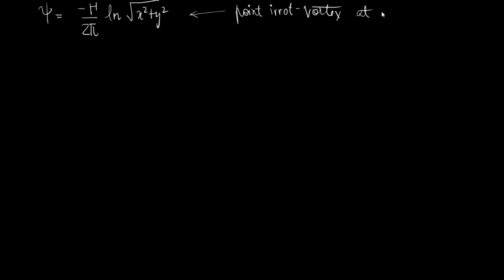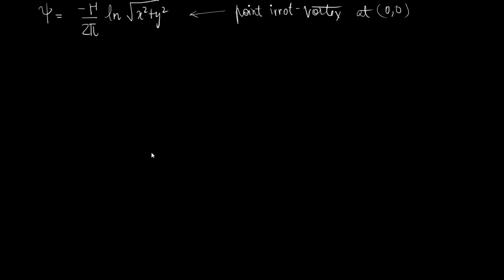So psi is equal to minus gamma by 2 pi ln square root of x square plus y square. So this was the solution for the stream function due to a point irrotational vortex at the origin.